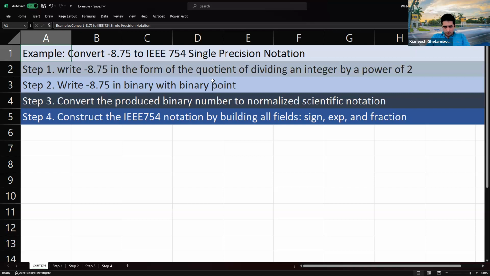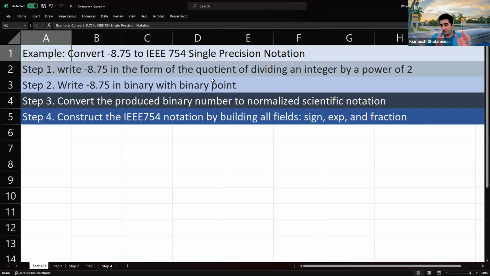After the third step, step 4 would be the last step, in which you construct the IEEE 754 notation by building all the fields in this notation: the sign bit, which is 1 single bit, the exponent field, which is 8 bits, and the fraction, which is 23 bits. If this was a double precision notation, then the sign would still be 1 bit, the exponent would be longer, 11 bits, and the fraction would be 52 bits.